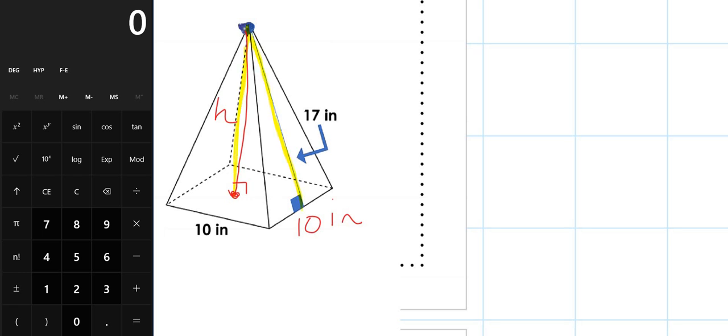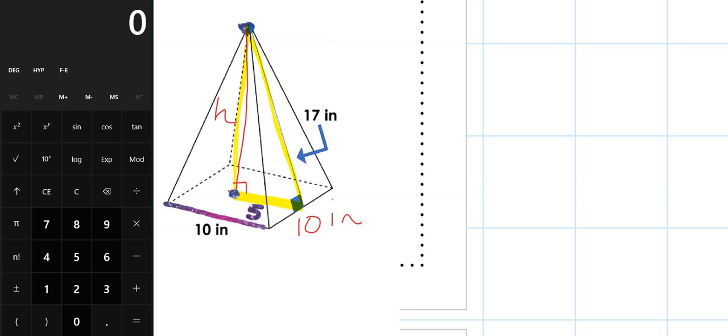And if we connect them along the bottom, we see a little right triangle on the interior. We know what the length is for that bottom side of the right triangle. It's going to be 5 because the entire side length here is 10. So we're starting at the center, which is halfway, going to one side of the pyramid. It's going to be 5.